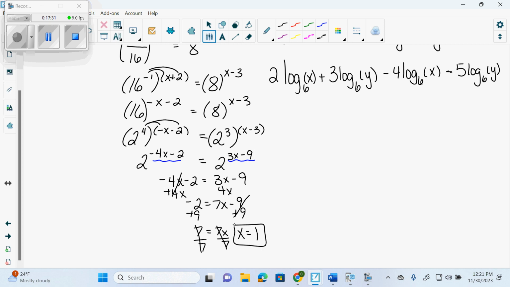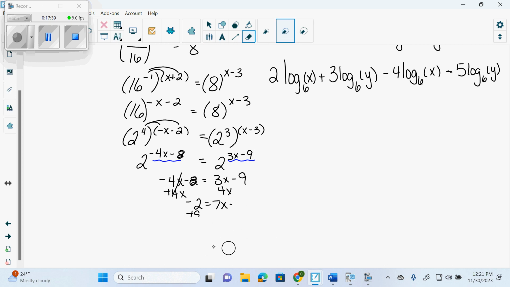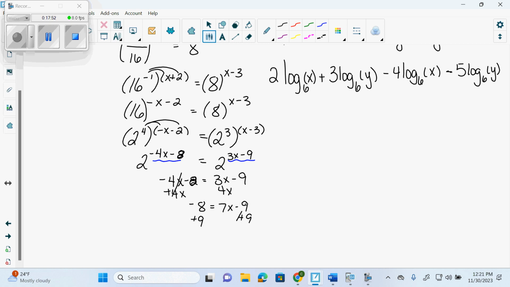Yep, it should be. Then I have to start erasing. So we get negative 8 equals 7x minus 9. Add 9. 1 equals 7x.